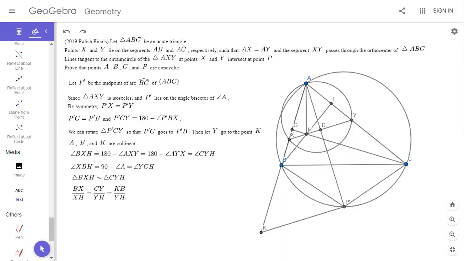I know I had this. Where was I going with this? So we have YK is parallel to BH.